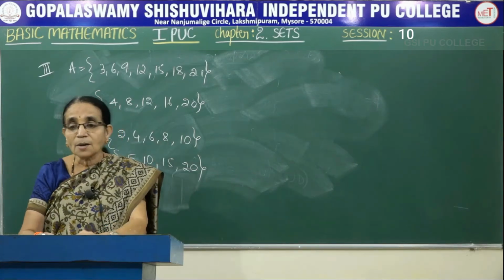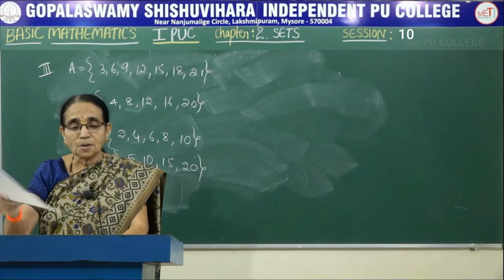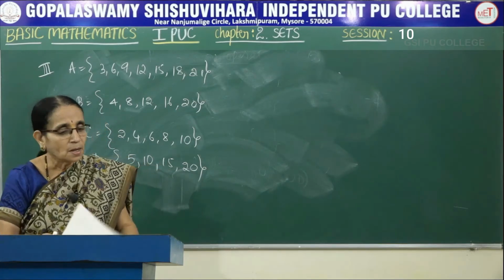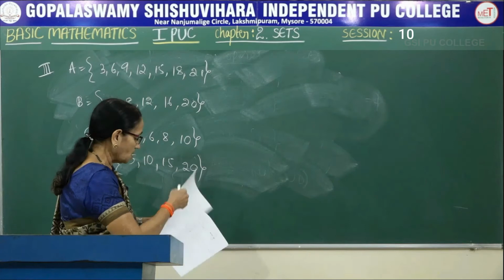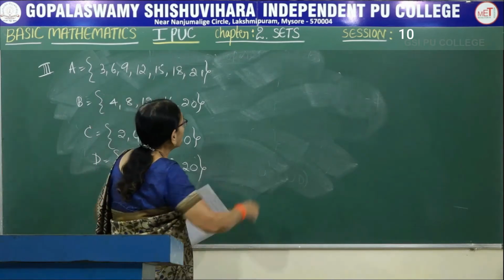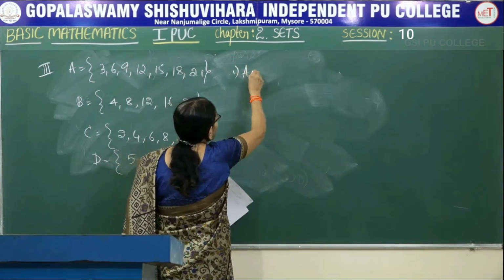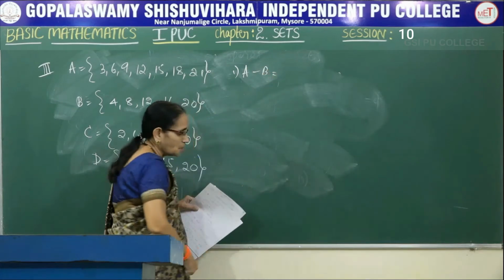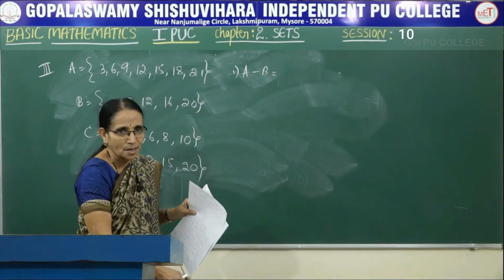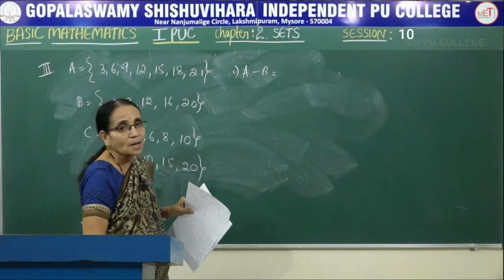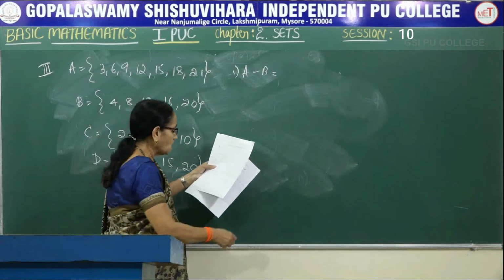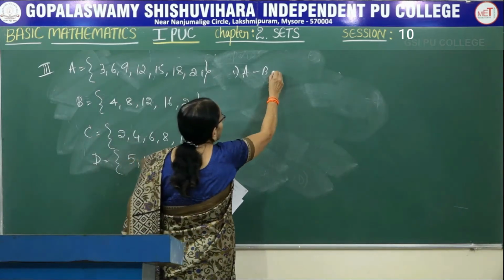What is it we are asked to calculate here? Let us try to find out these quantities. Carefully you find out. First one, the difference I am calculating here. See, in the first set of problem, I calculated union. In the second set, I calculated the intersection. Now I am considering the difference.